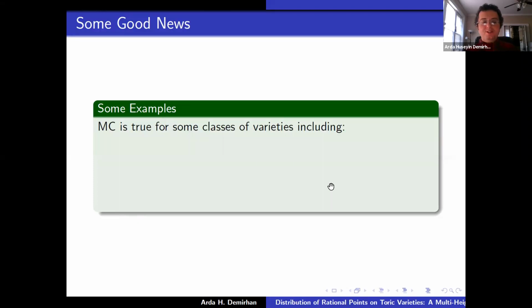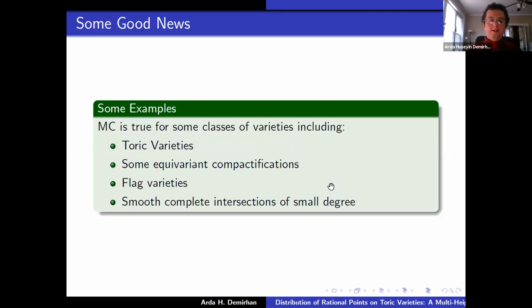Manin's conjecture is true for some classes of varieties, including toric varieties, the topic of today's talk, some equivariant compactifications, flag varieties, smooth complete intersections of small degree, and also horospherical varieties. For example, for smooth complete intersections, as far as I know, people work on those using the circle method and analytic tools.